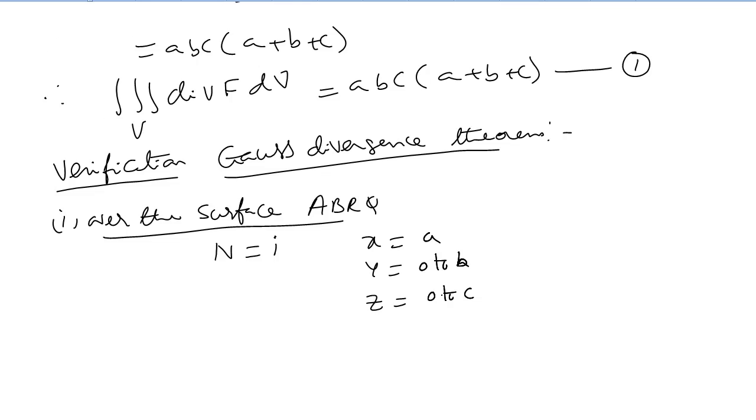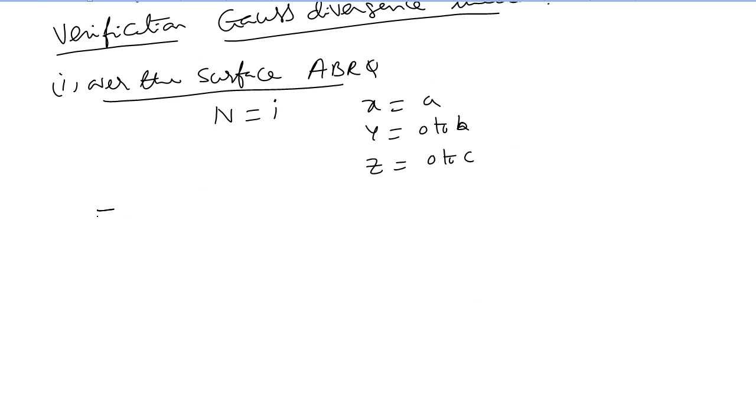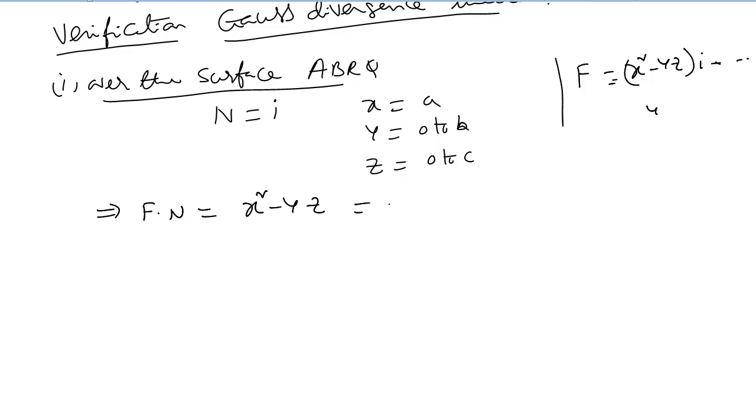Now, what is f dot n? The i coefficient of f is x square minus yz, so the dot product with i is nothing but x square minus yz. Already x is known, a square minus yz.